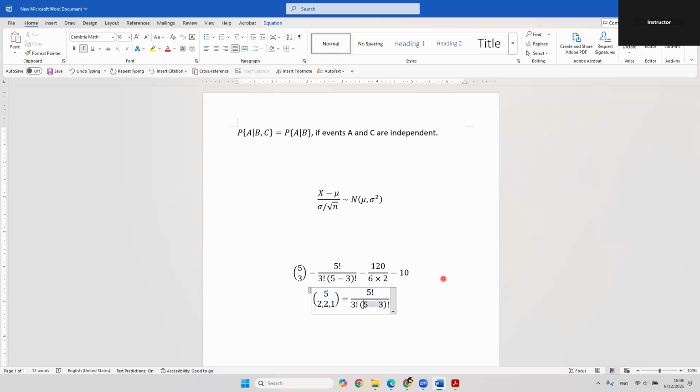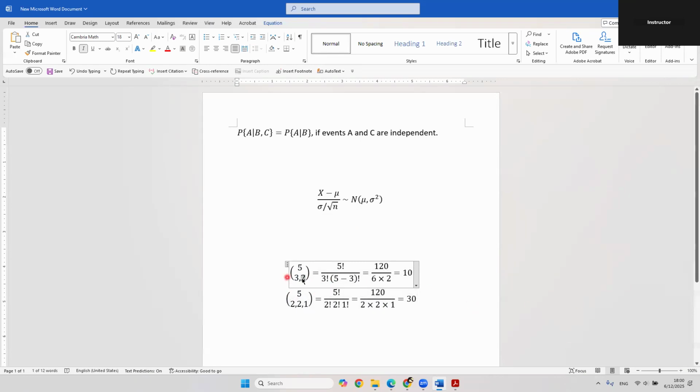So what I'm going to do is still 5 factorial, over 2 factorial, 2 factorial and 1 factorial, which equals 120 divided by 2 times 2 times 1, which equals 30. So that's the thing. They're equivalent. Why? Because the other number must be 2, since the summation of these must equal 5. And hence you can write it like this. So you see what I mean?